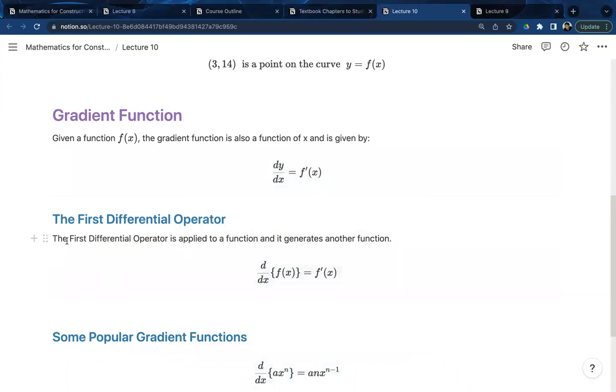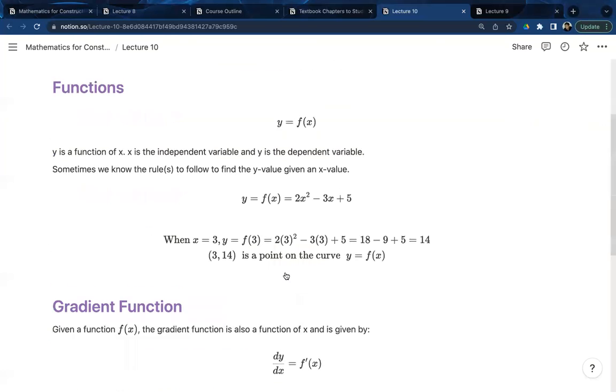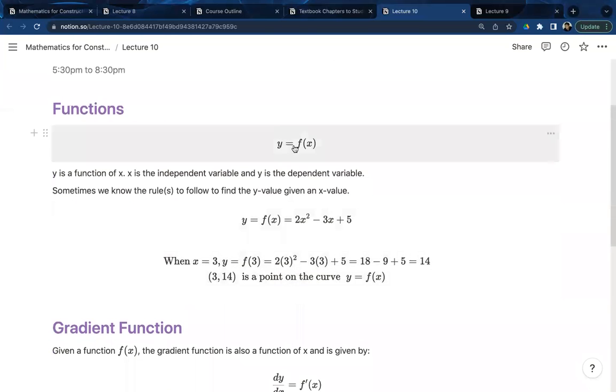So the operator, it's an operator, meaning it's like a function in itself. It is a special kind of function, right? What it does, it operates on a function and gives you another function. It is a transformation. You see, like our function operates on x and gives you a y value, like up here. F is a function of x.